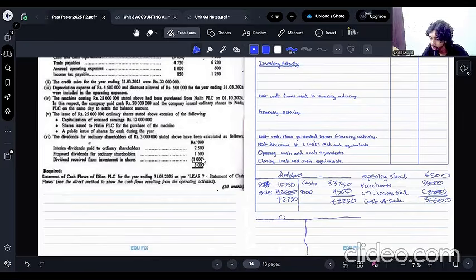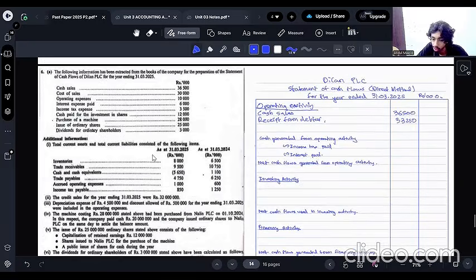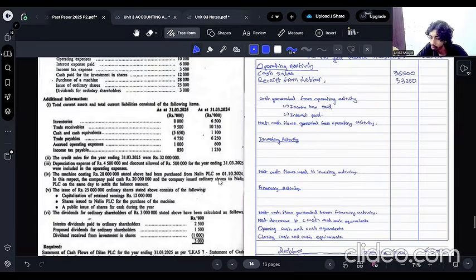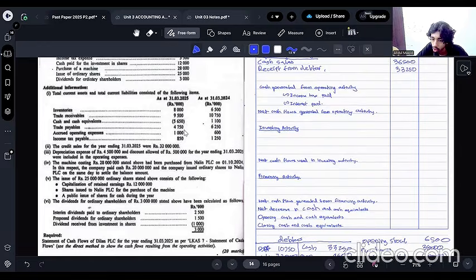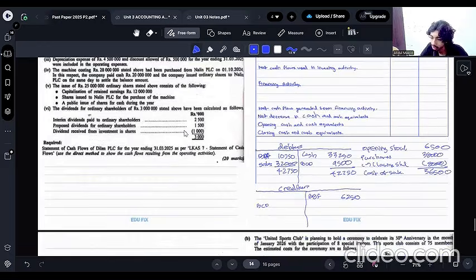Okay. In the creditors account, you can say BBF of creditor 6,250, BCD 4,750.